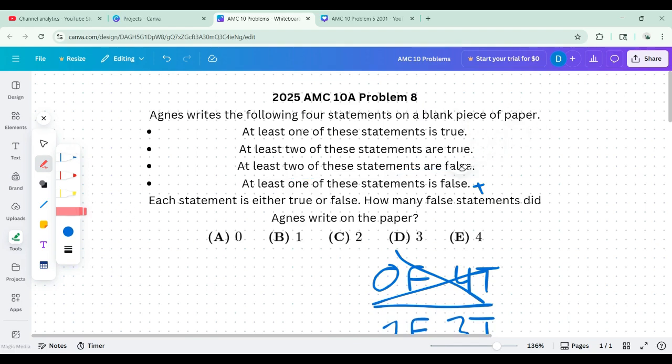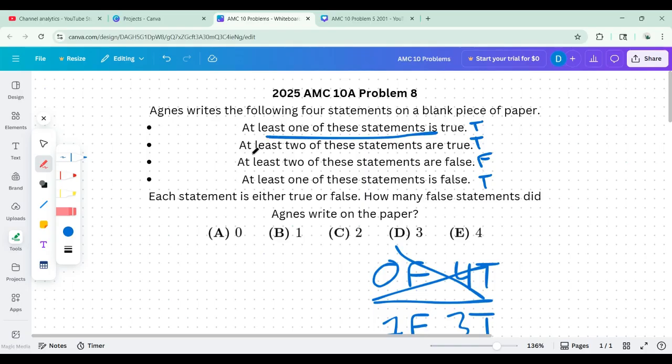So the only possible instance where this would work is if the statement that said at least two of these statements are false is actually false itself, and everything else is true. And let's double check. At least one of these statements is true. That's correct because there are three truths. At least two of these statements are true. Yes, that's correct.